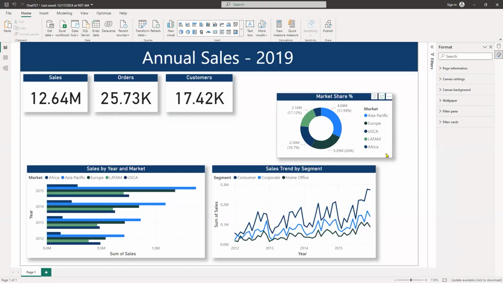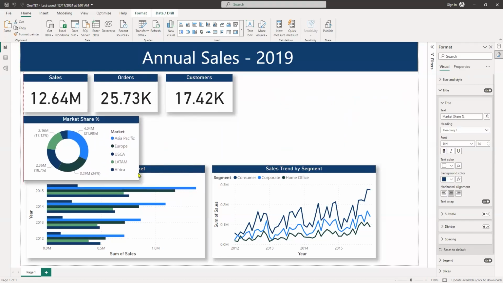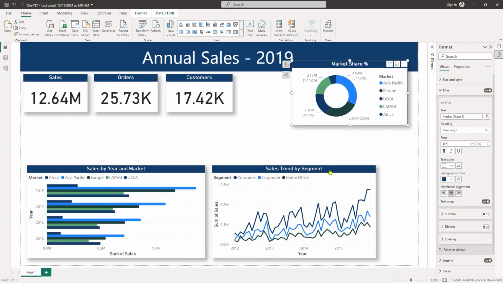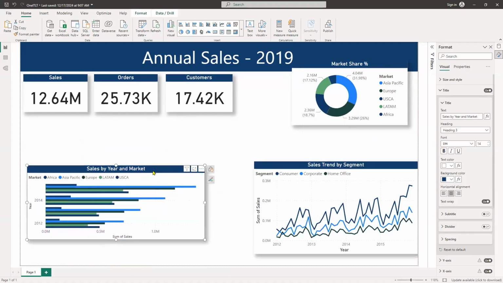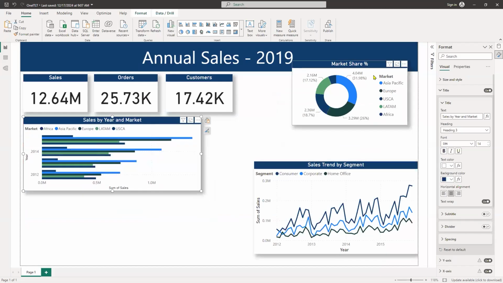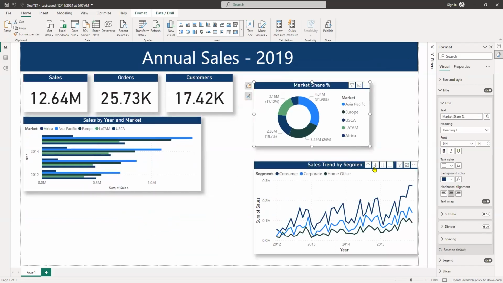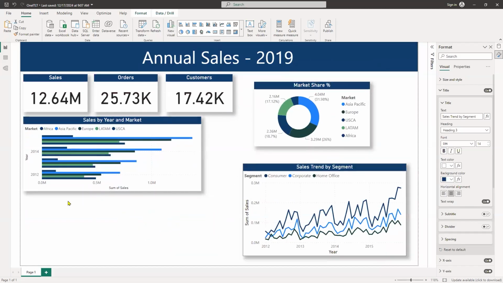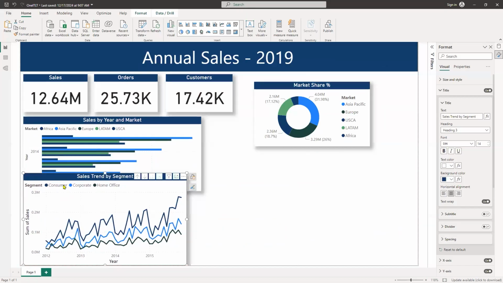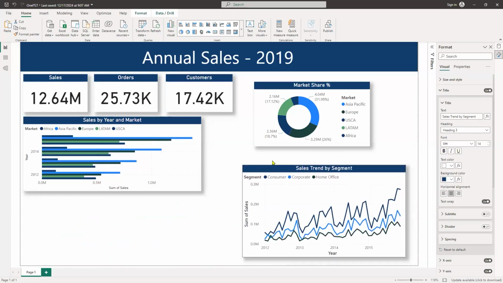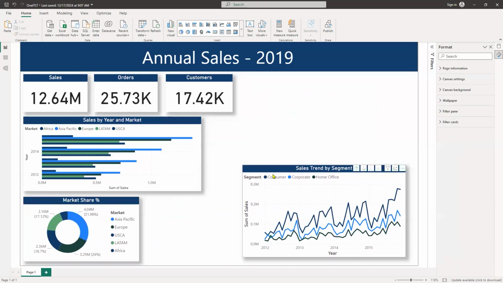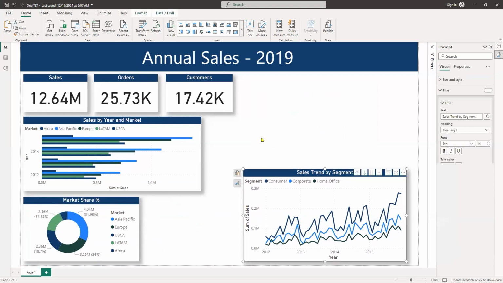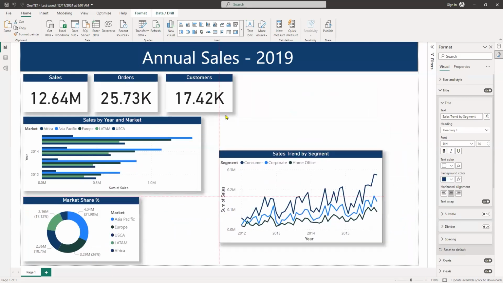Okay, just how each market share is doing. I'm going to make it a little shorter here, and then maybe we'll place it here.